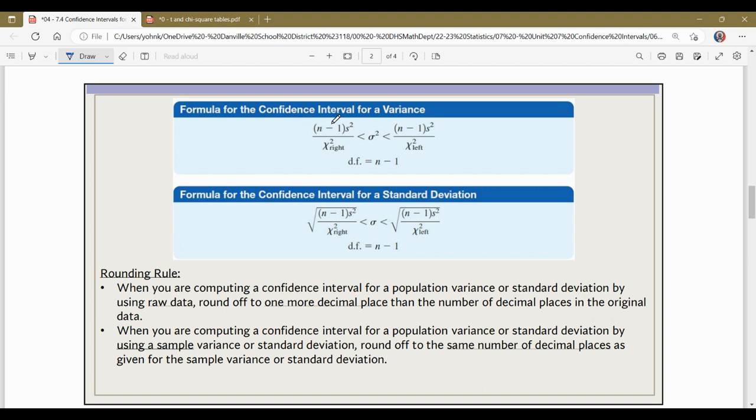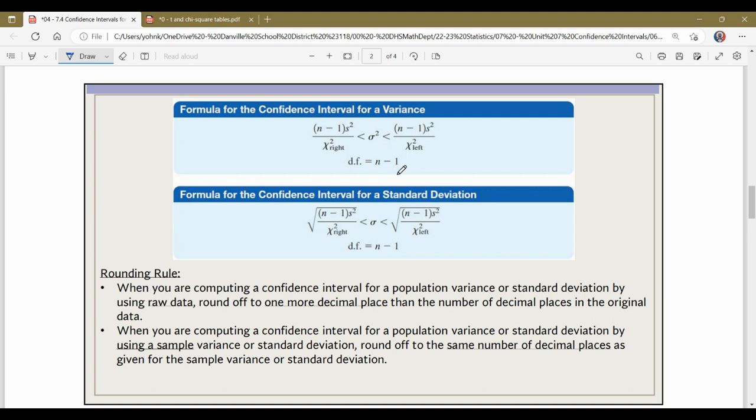The sample size minus 1 and s squared, the sample standard deviation squared, is the same on the top of both of them. Notice then on the bottom, the chi-square right value is on the left and the chi-square left value is on the right. That's because when you divide, if the tops are going to be the same, then the bottom number has to be bigger if you want the whole answer to be smaller.